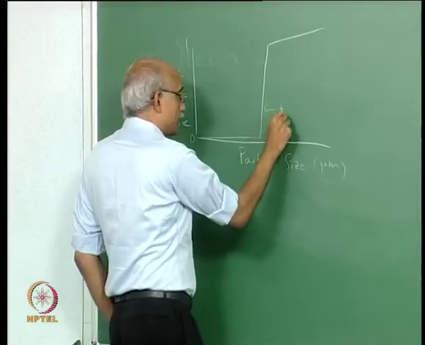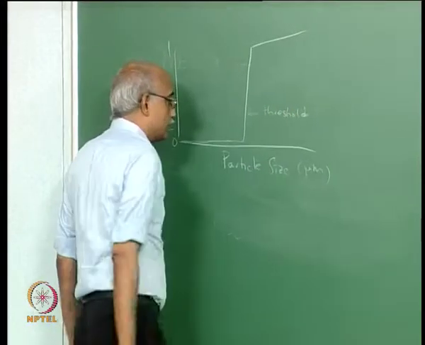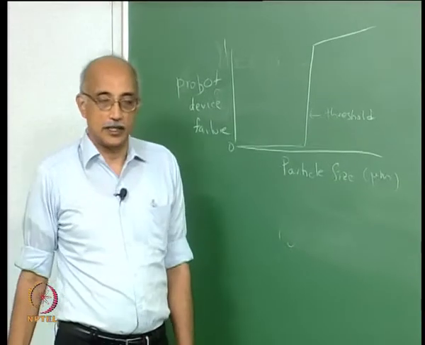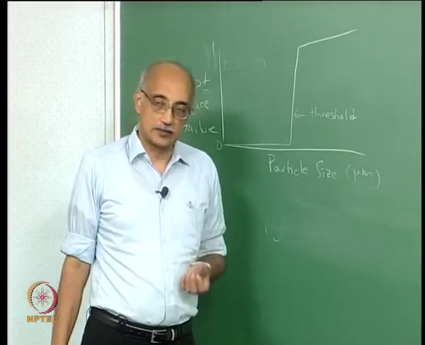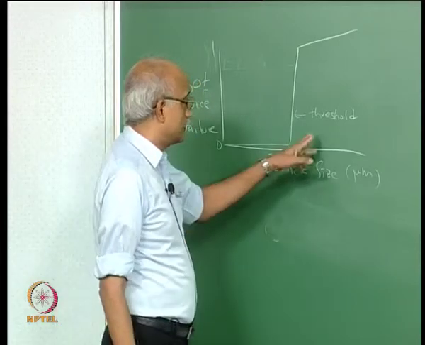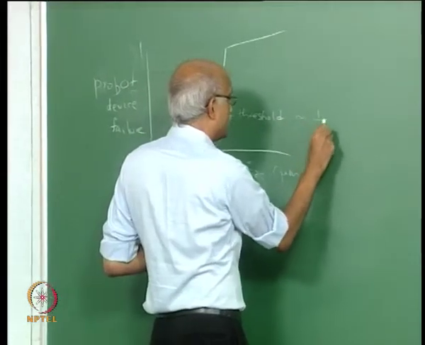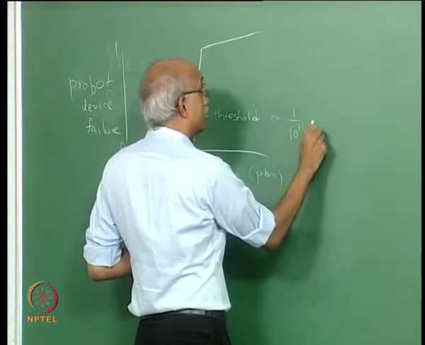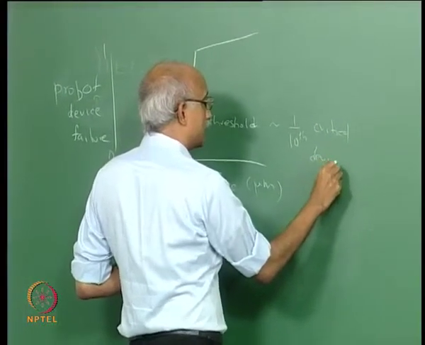And so this threshold size at which the probability of failure suddenly rises is obviously related to the functionality of the device, and as a thumb rule, it's taken to be roughly 1/10 of the critical device dimension.